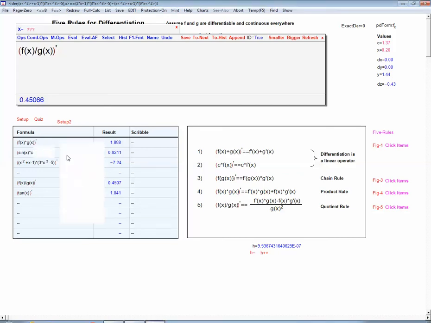All right, and now let's go look at the quotient rule. And notice it's similar in many ways to the product rule, and this is the way I think of it. You say, all right, let's just repeat what we have there. So that's f of x times g of x plus f of x times g of x.